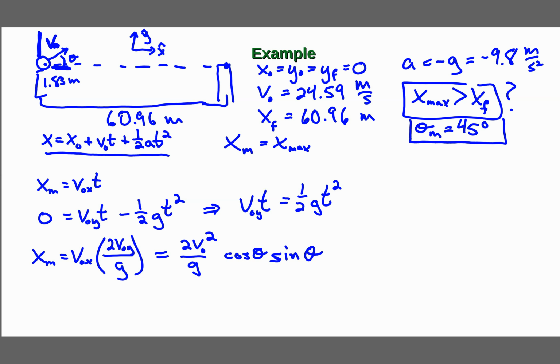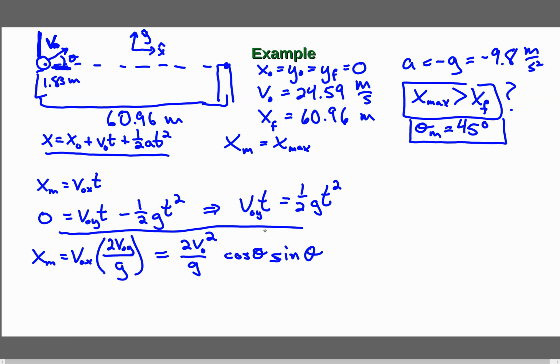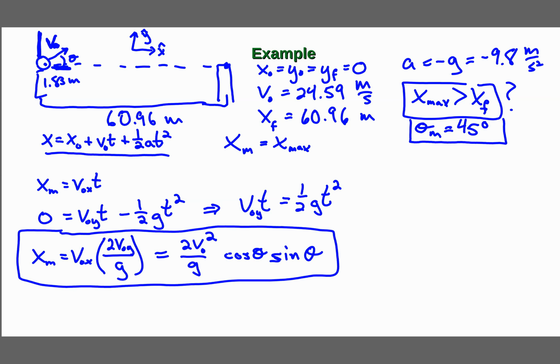And remember, it asked us, can Cool James throw it over the fence? So the furthest he could possibly throw it is if he throws it at a 45-degree angle. And if we look here, we've actually already solved for the max distance that he can throw it. So all we really want to know is whether this xm is greater than 60.96 meters.